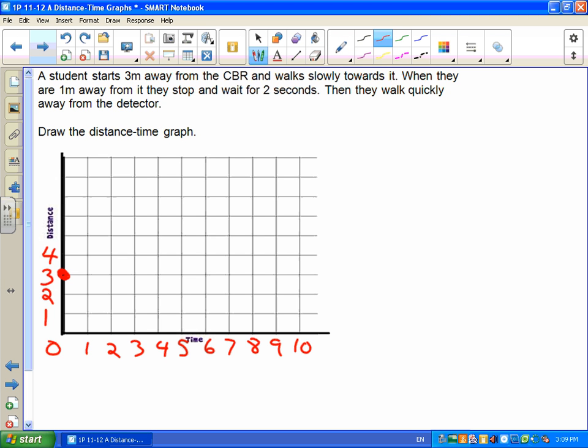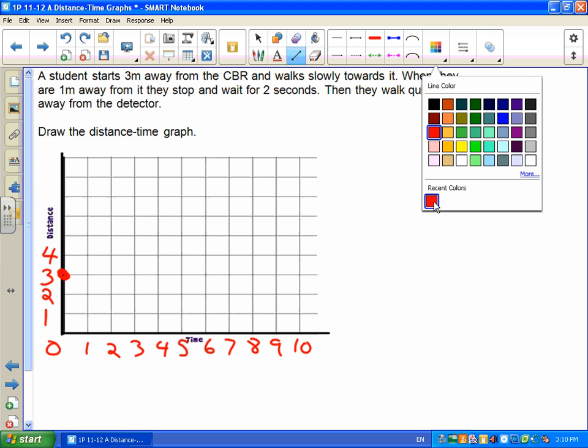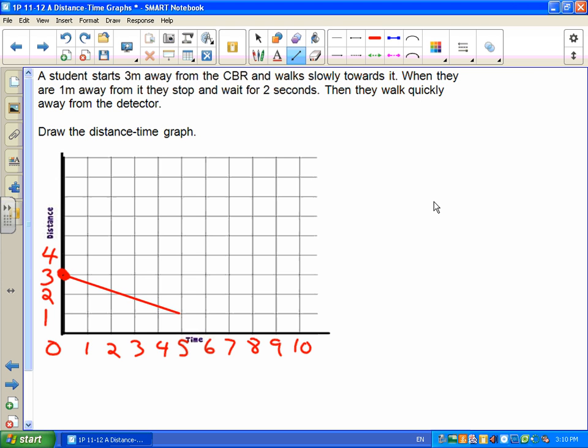Steep? Not very steep. We want the opposite. We want a very shallow line if they're moving slowly. So let me draw something that is not very steep. We'll just kind of go like this. We'll say that that's them walking towards it. They're not going very fast, but they're moving towards it.